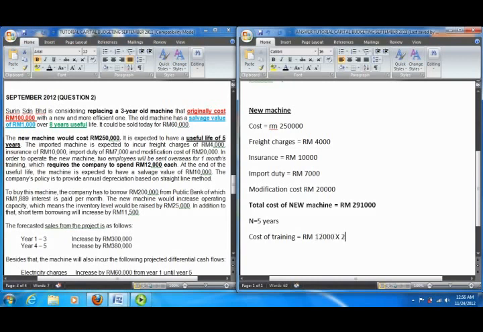RM 12,000 times 2, you will get RM 24,000. Alright. So the new machine has a salvage value of 10,000. So the salvage value is RM 10,000.